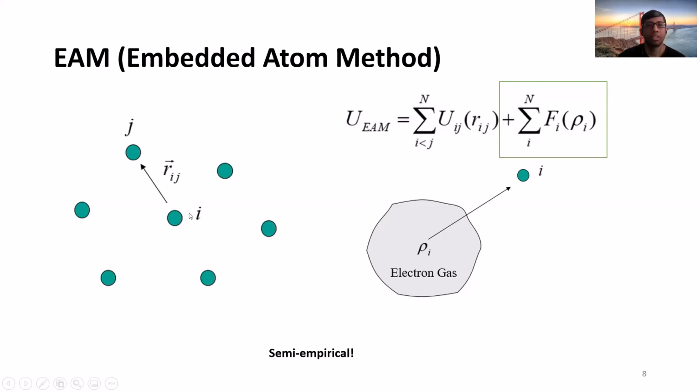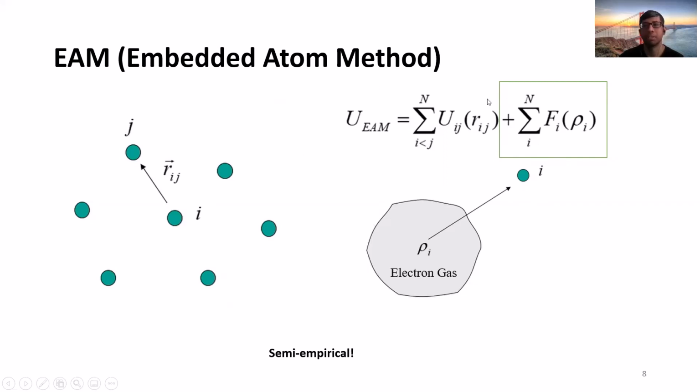So you are not only considering the interaction between two atoms, but you are also thinking that the atoms are immersed in an electron gas field with an electron density rho. That's why you are considering another term to fully define your system.